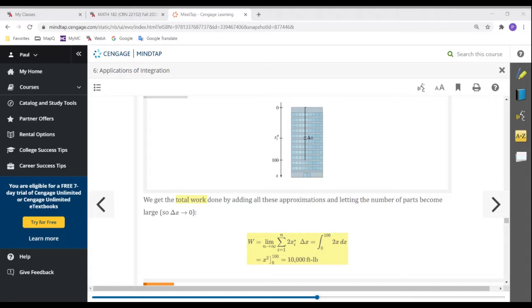Okay, so let me stop sharing here. Let me bring in this example. So you've seen applications of the integral in regards to work, where we have a variable force applied to an object. We saw several examples: work needed to stretch a spring, work of a variable force, work needed to lift a cable.